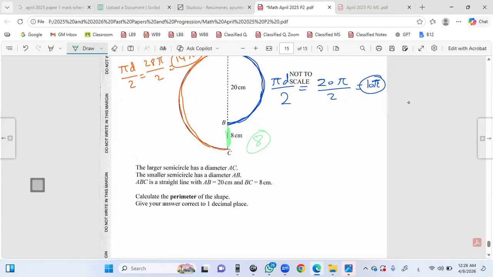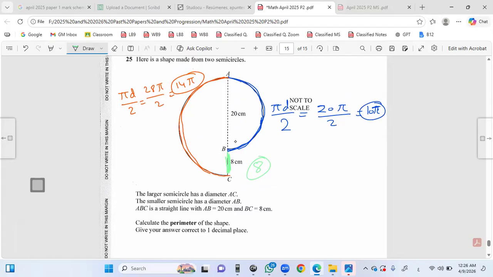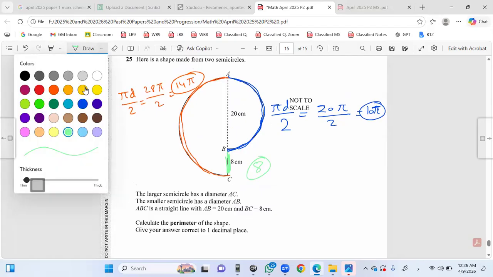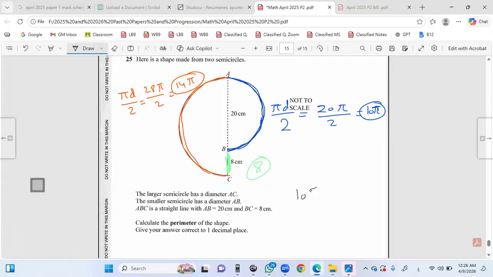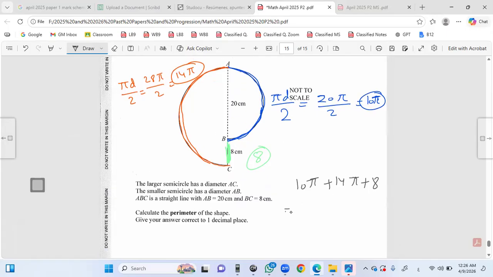I'm going to need to add the three of them up. The length of the blue, which is 10 pi, plus the length of the red, which is 14 pi, plus the length of this line to finish the outline of the whole shape, which is 8. So all of this is equal to what?